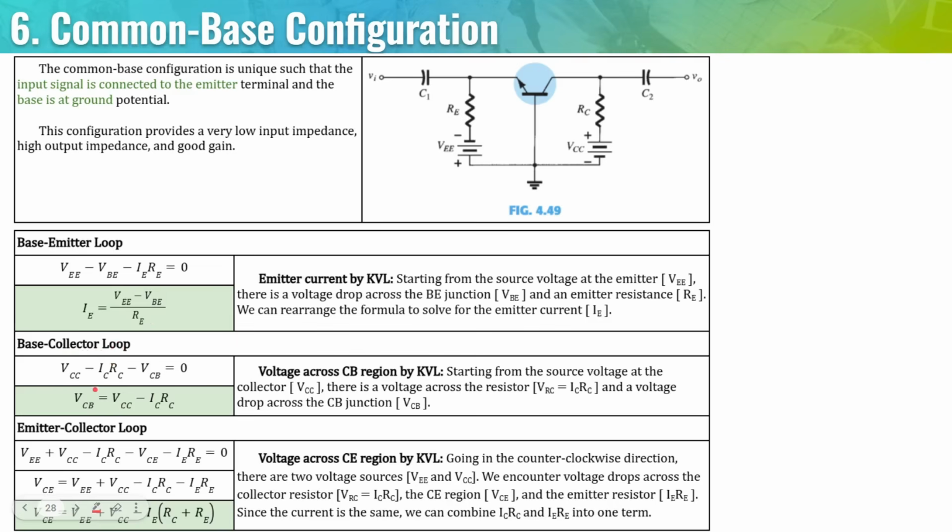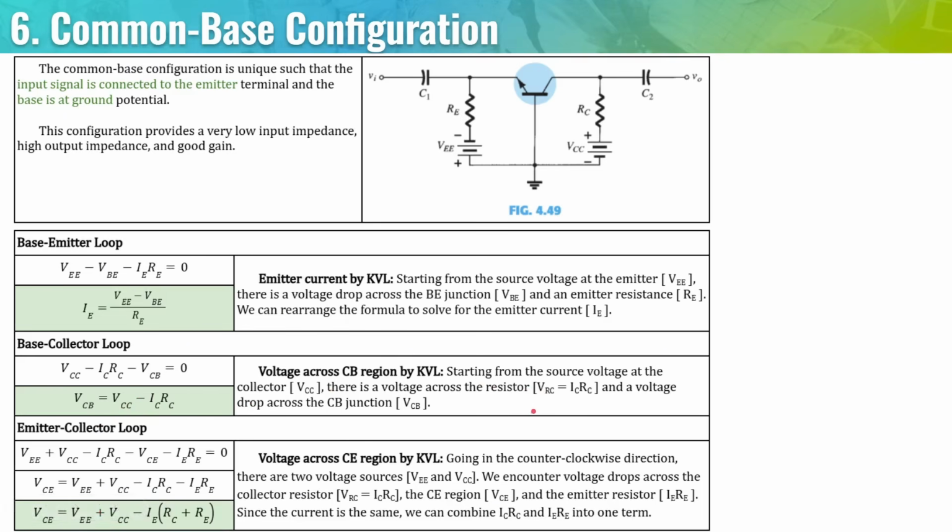For the base collector loop, we have VCC minus the drop across the resistor minus VCB is equal to 0. So VCB is equal to VCC minus ICRC. Again, source minus a drop.